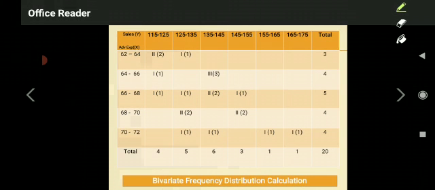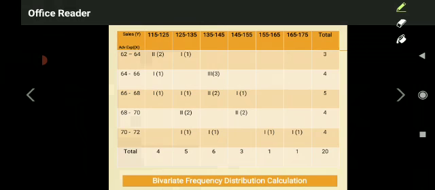Whatever maximum value is there in the data information, that has to come in that column. And whatever the maximum advertisement expenditure is, that has to become the last class interval in the vertical angle. I hope you understood.